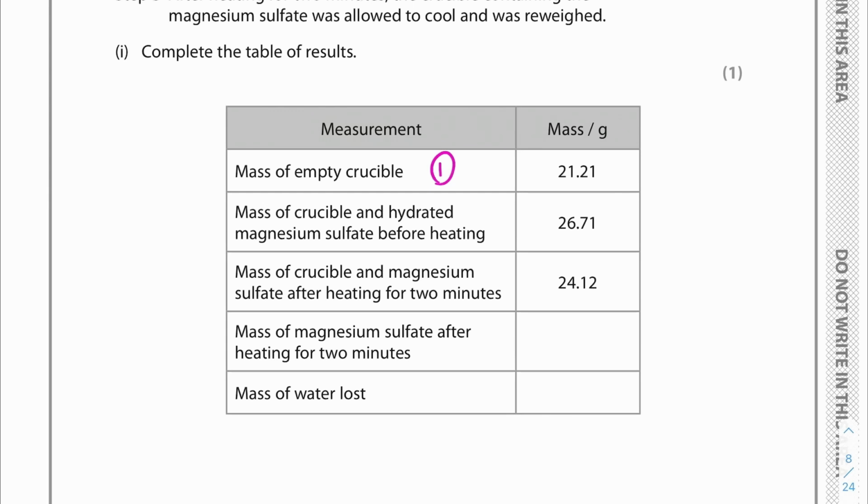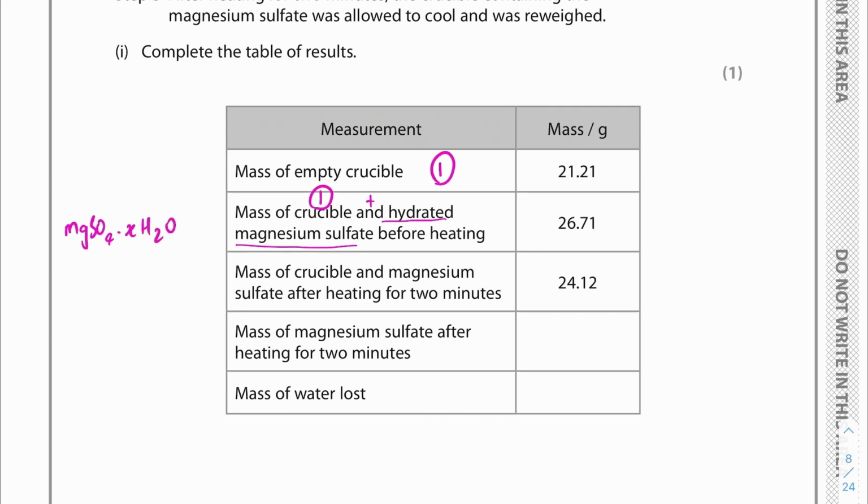So this is the mass of the crucible on its own. And we added the hydrated magnesium sulfate before heating. So this has the magnesium sulfate, right?